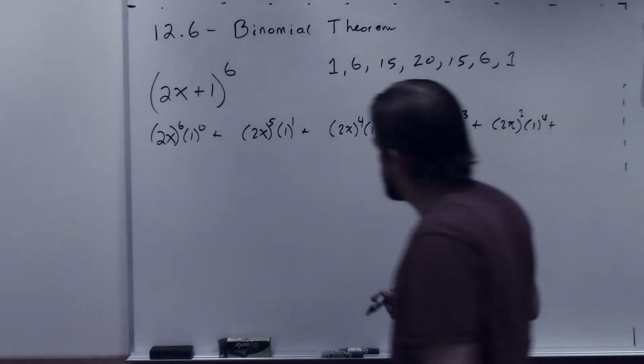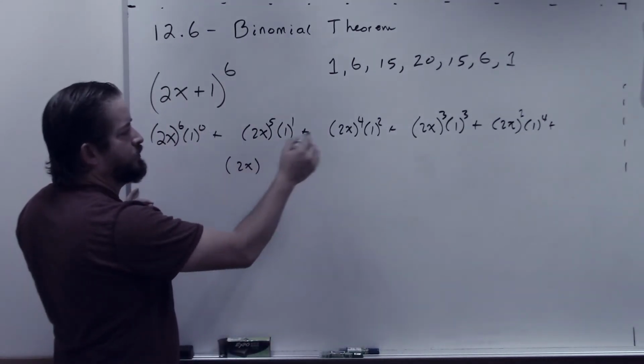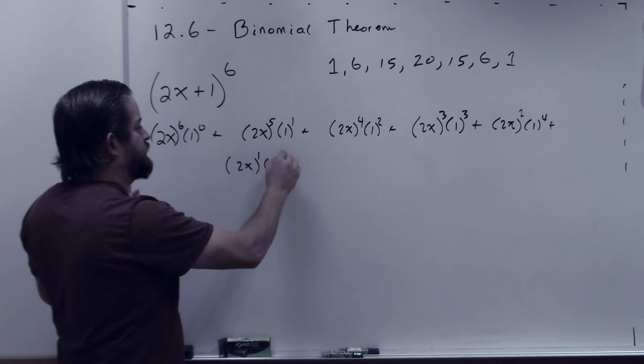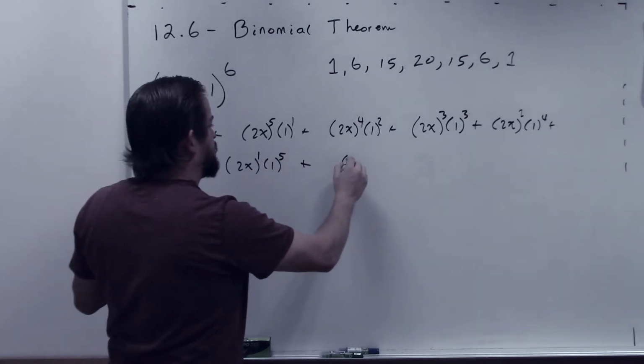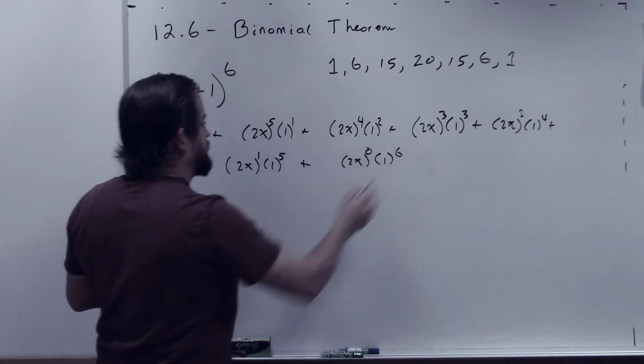Plus, I'll just return down here. Plus, then I get a 2x to the 1, and then a 1 to the 5th, and then I get a 2x to the 0, and a 1 to the 6th, right?